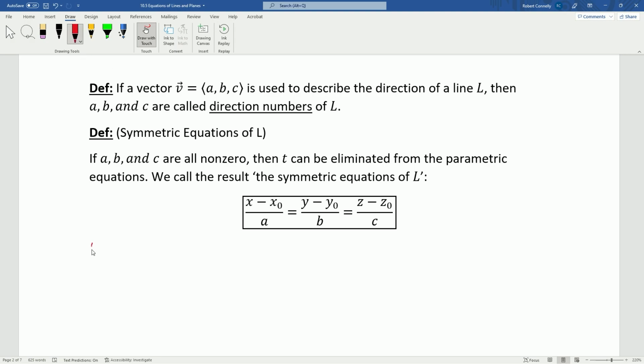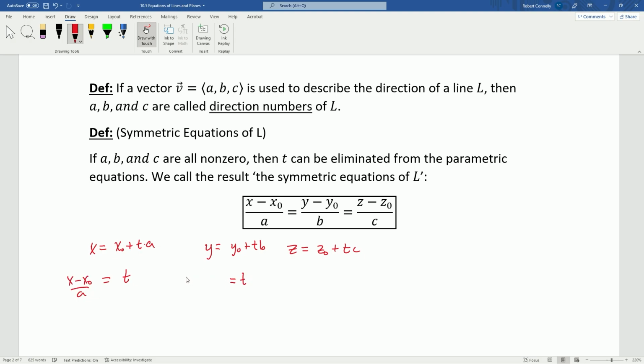It's pretty straightforward. We already know that x is equal to x naught plus t times a, and y equals y naught plus t times b, and z equals z naught plus t times c. So if I solve each of these for t, what do I get? Well, here I get t equals x minus x naught divided by a.